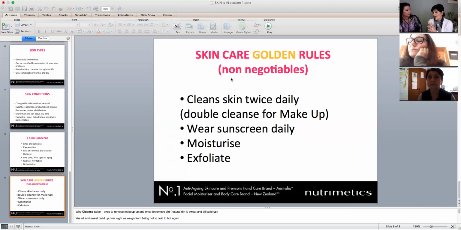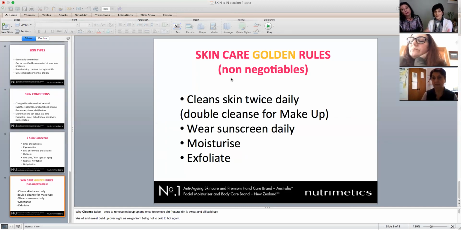Now, so those who have protected their skin. But if you're talking to your customers about the non-negotiables, like it says on the screen, it's these 4 things. And as consultants, it's important that we know, to be the best beauty consultant, to be able to identify, like Lil said before, which skin type, and then what are all the cleansers that relate to that person, and then which sunscreen should they use, and which moisturizer should they use.